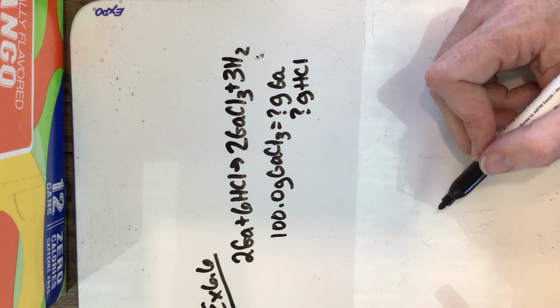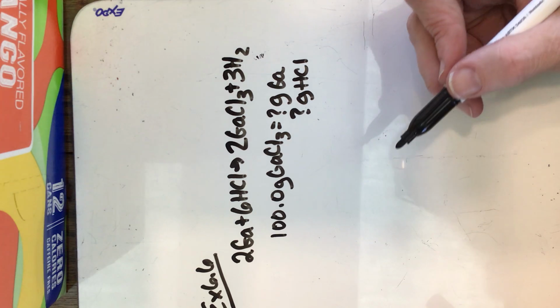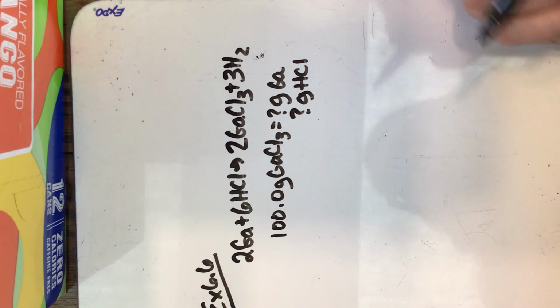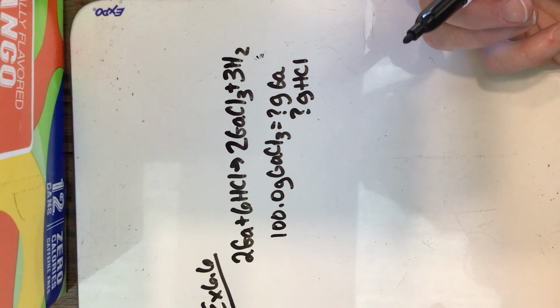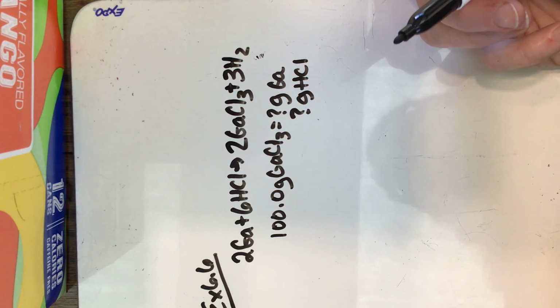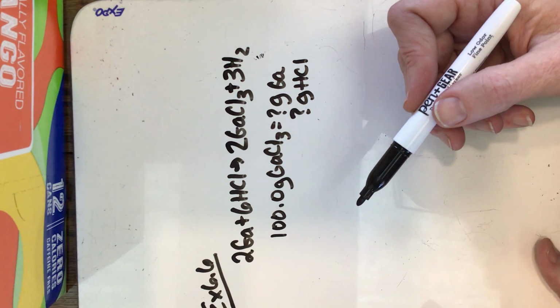Well, I don't have anything that makes me go grams to grams, so I can't do that. I can only go from grams to moles of something because I know how to do that for a single entity. And then I can compare moles to moles.